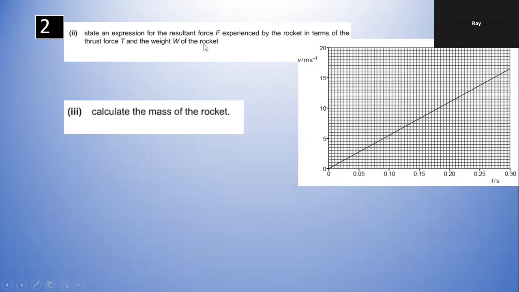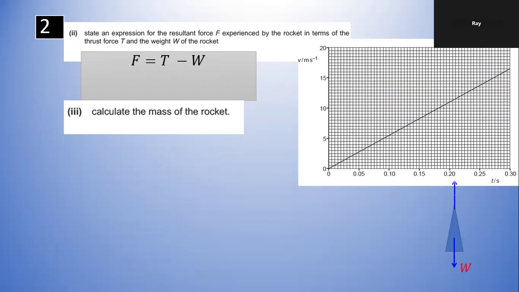Write an expression for the resultant force F experienced by the rocket in terms of thrust and weight of the rocket. So you should get F equals T minus W. If you don't want to draw, just imagine what is happening. Thrust is greater than weight, that's why it's T minus W. Calculate the mass of the rocket.